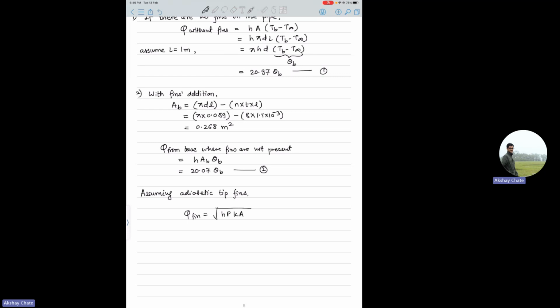Yeah, tanh mL, hyperbolic tangent of mL, and the base theta b, temperature difference.